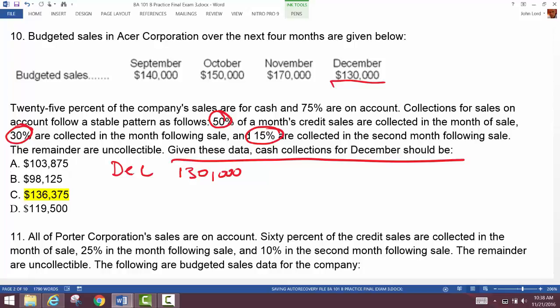So we take that 130,000 times 0.25. We're going to get that in December, aren't we? They say only 75% is credit, 25% is cash. So we're going to get that amount of cash off those December sales. So 130,000 times 25% is 32,500, right?